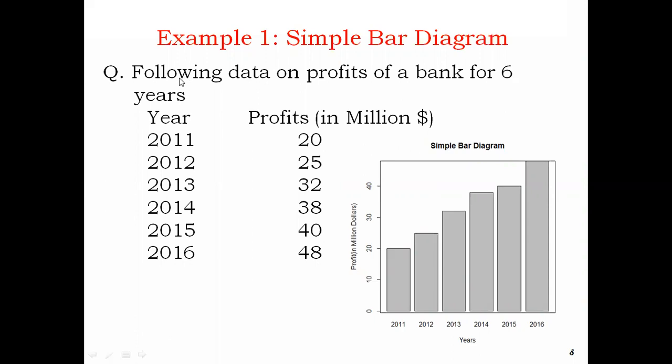Okay. So the following data is on profits of a bank for 6 years. Here I'm just giving an example, 2011 to 2016, and then profits in $1 million are given. Now you see this is called simple bar diagram. So what is the definition?